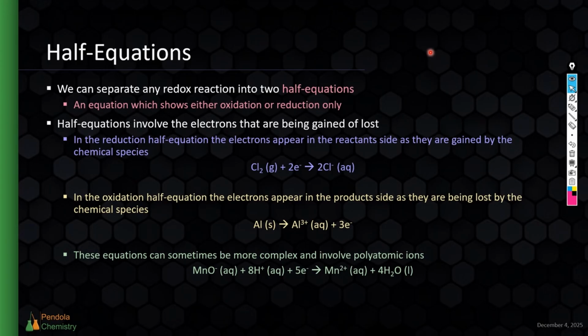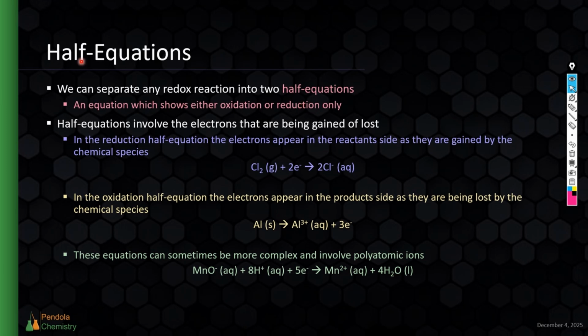Redox reactions, or the two processes, reduction and oxidation, can be viewed in the scope of what we call a half equation. We can separate any redox reaction into two half equations, one for each of the processes we just discussed. It's an equation which shows either oxidation or reduction only.